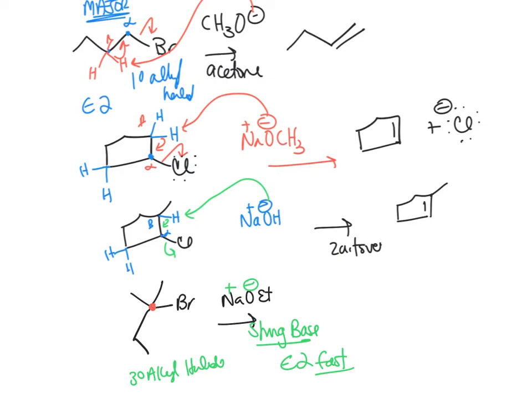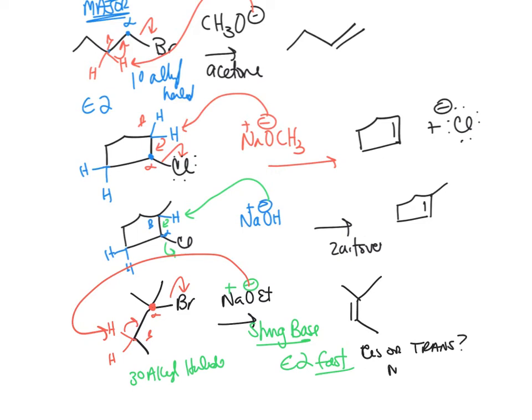So you have your alpha here, and then you have your beta hydrogens. So this sodium methoxide will take this hydrogen, and that will leave. And you end up having a product like this. Do you have cis or trans for this one? No, because CH3 and CH3 are the same thing.